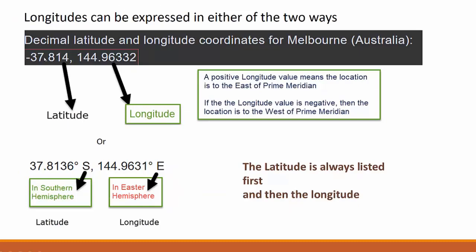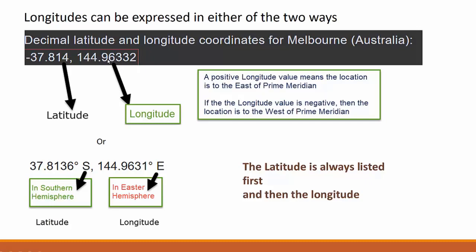Just want to show you how the coordinates could be expressed. You would either see the coordinates written in this form, pure decimal values. Now if it's a negative value, we're talking of longitude, so we'll focus on this one. So I must state over here that when they write the coordinates, they always state the latitude first and then the longitude. So at the moment you're focusing on the longitude. So if it is a value like 144, that means it's in the east. If it had a negative, that means it's towards the west.